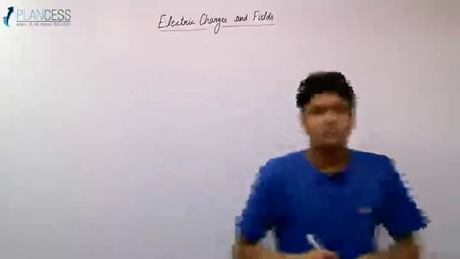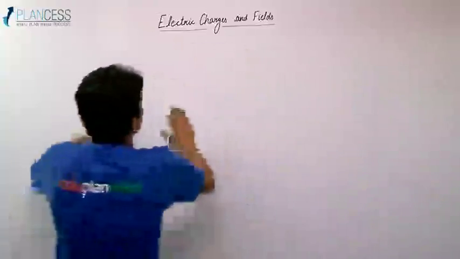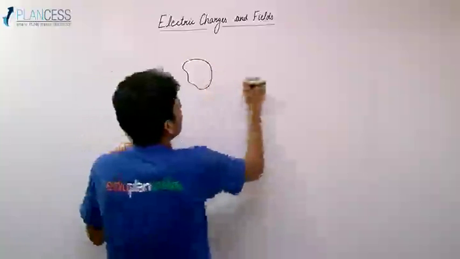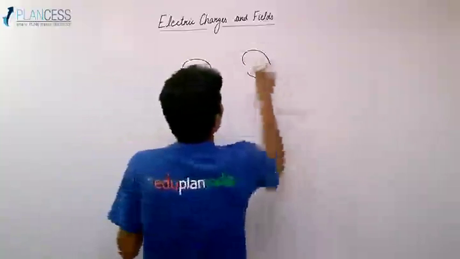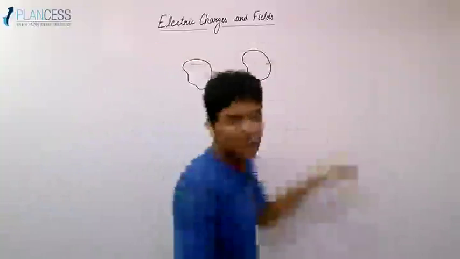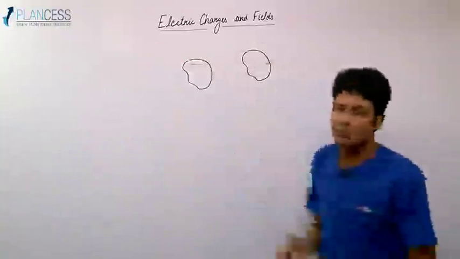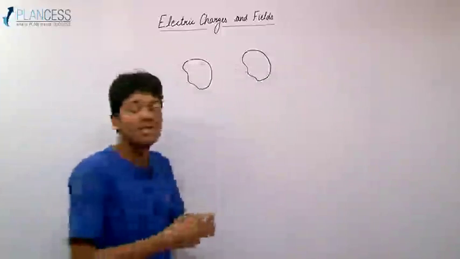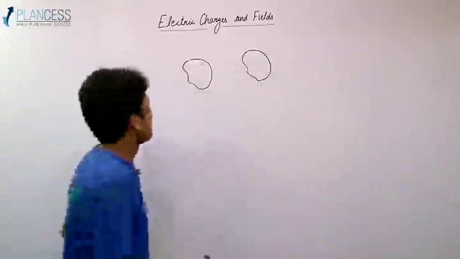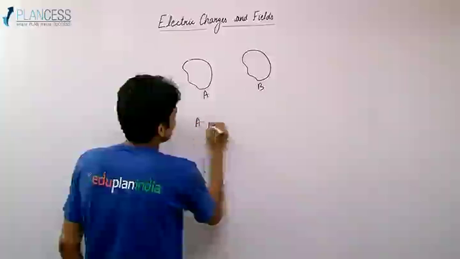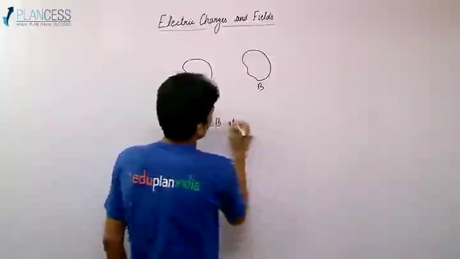Now one point to be noted: let's say you are given two bodies, and you don't know whether they are charged or not charged. But a property is given that these bodies, A and B, attract each other.